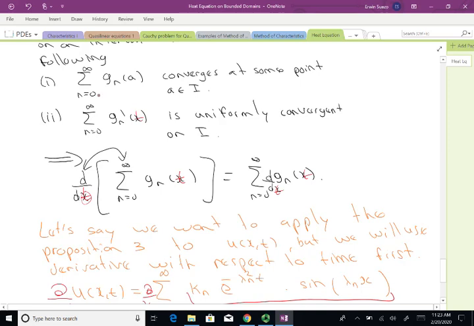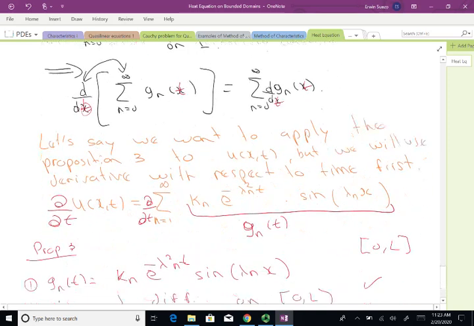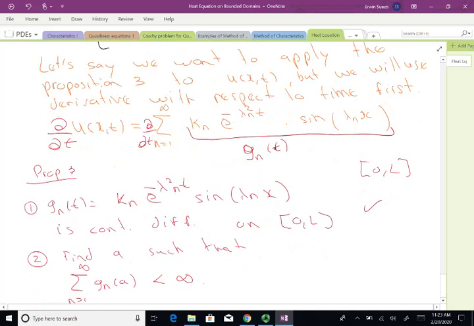It doesn't matter whether n equals 0 or n equals 1. So your Gn is this one, no? You need to find when this series is going to converge at some point.